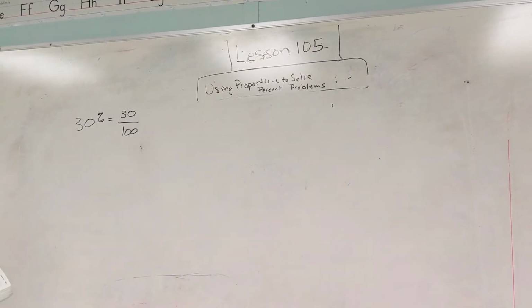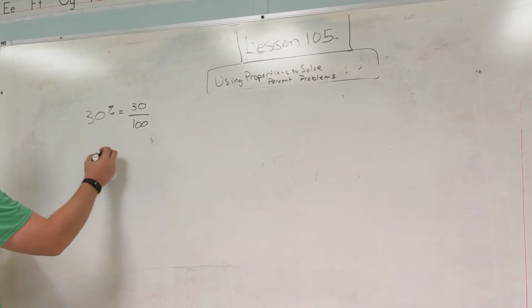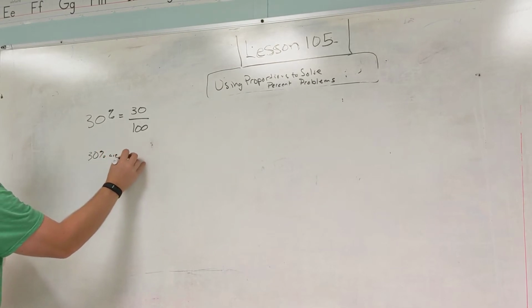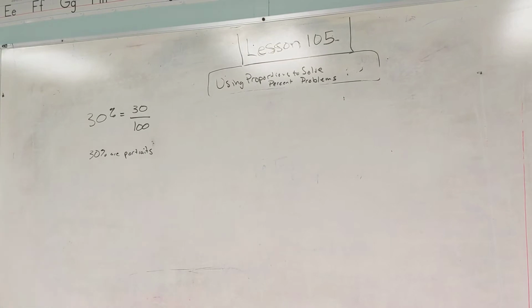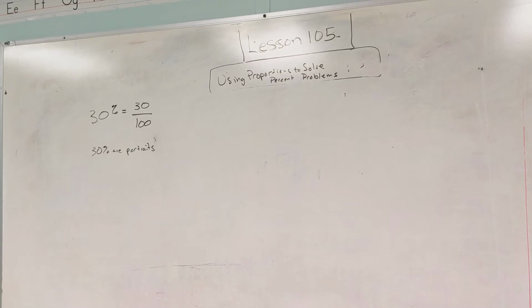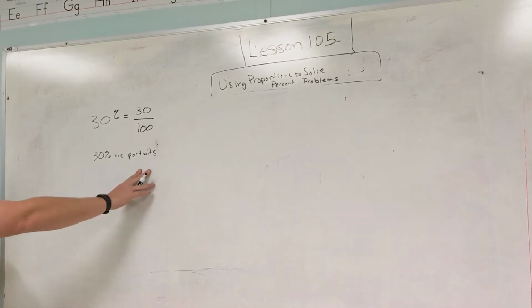Here they have an example: 30% of the paintings were portraits, so 30% are portraits. If there were 12 portraits, how many paintings were there in all? They're going to do it in your book with a ratio box, but I'm just going to move quickly to how we figure this out.